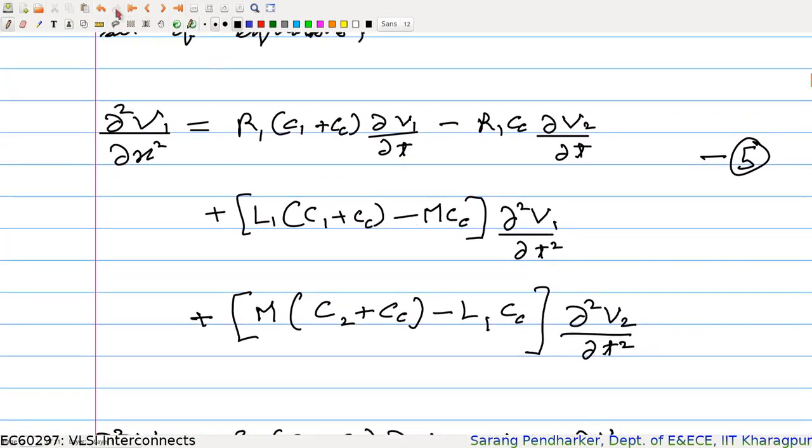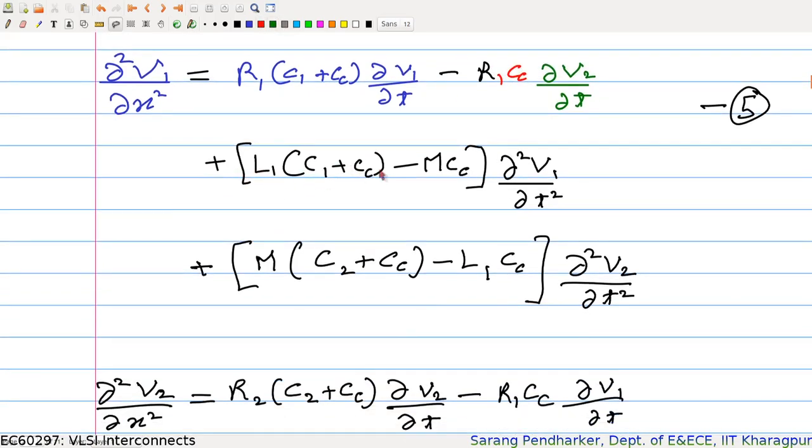So here you can take a look at what the terms are. This is the voltage on the first interconnect, this is the voltage on my second interconnect, the coupling capacitance, then this thing is the voltage on my first interconnect. But then I also have a term like this here, mutual terms here.